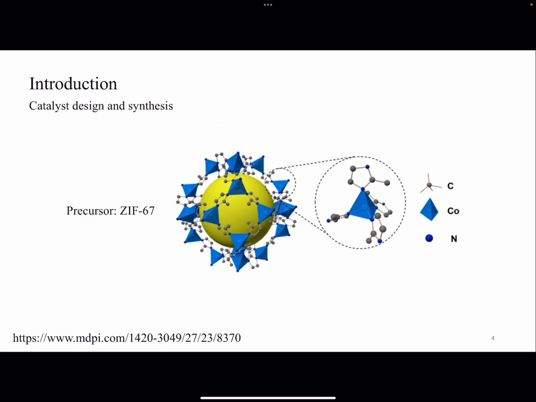By pyrolyzing ZIF67 at temperatures between 600 and 1000 Celsius degrees, we obtain Co@NC materials. However, a common problem with pyrolyzing is that metal species tend to aggregate, existing in various sites that are not beneficial for our target reaction.